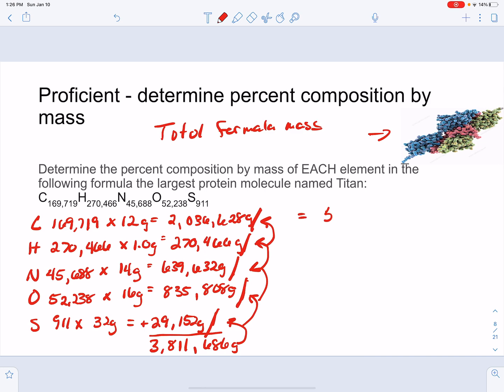Titan is 53% carbon, 7% hydrogen, 17% nitrogen, 22% oxygen, and only 0.76% sulfur. Those are our mass percentages of all of the elements found in the protein Titan.